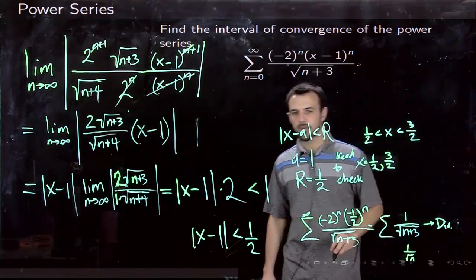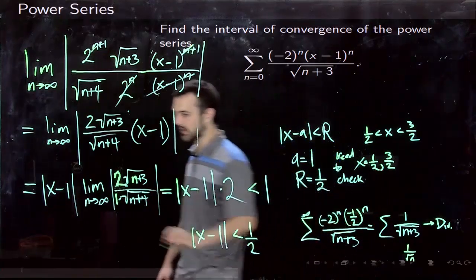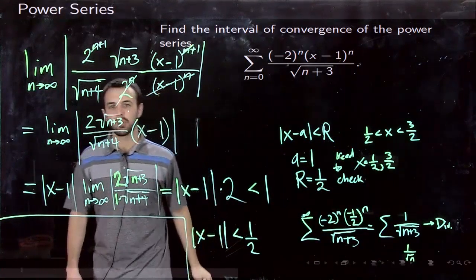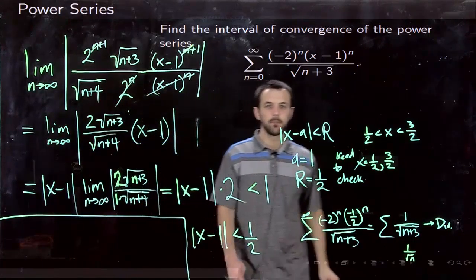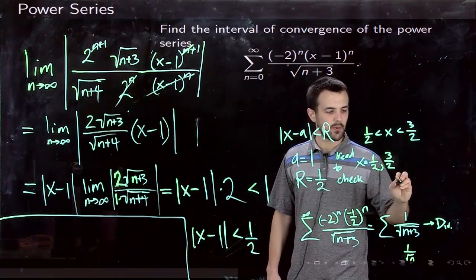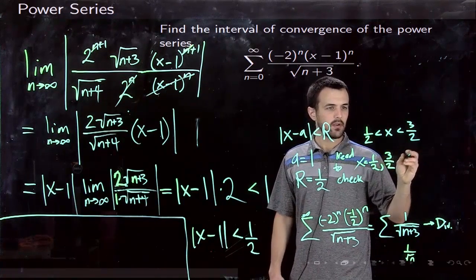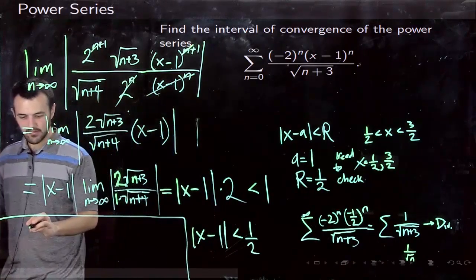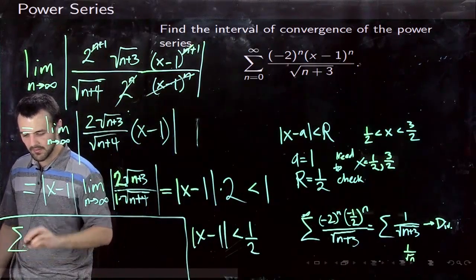Let's see, how much room do I have? I'll do it over here. So we know it doesn't converge for 1/2. So let's find out if it converges for 3/2. And you guys can probably see what's going to happen.